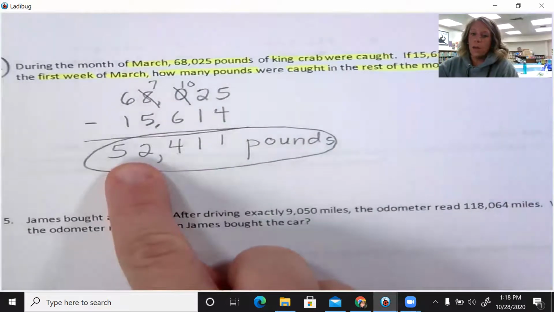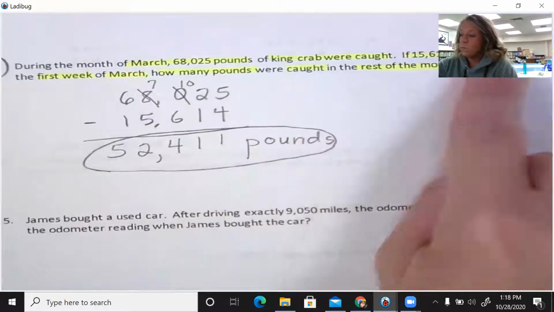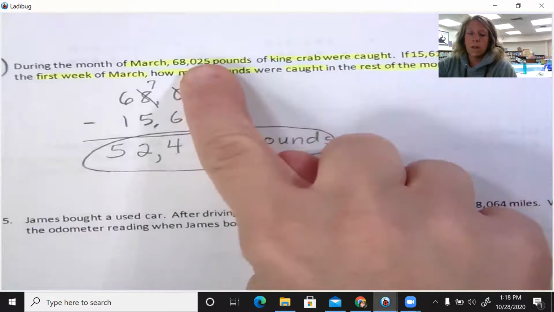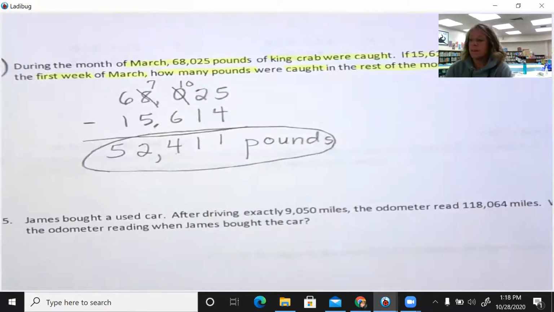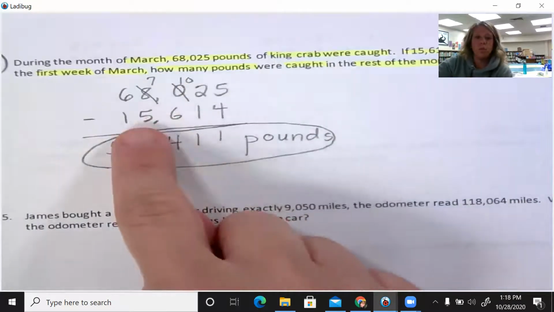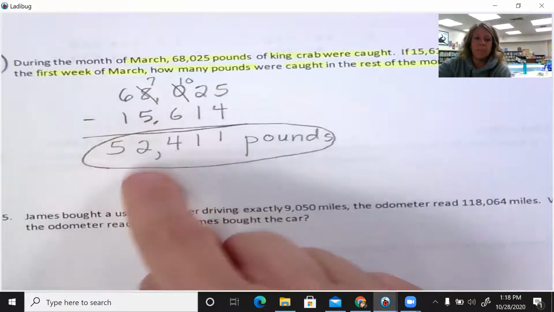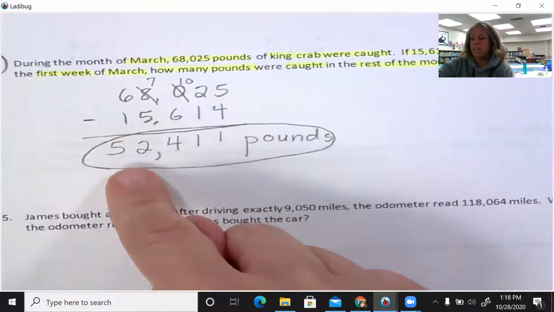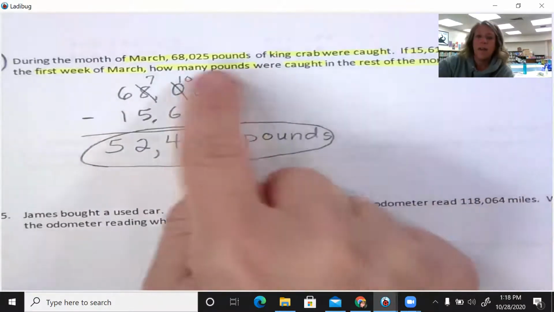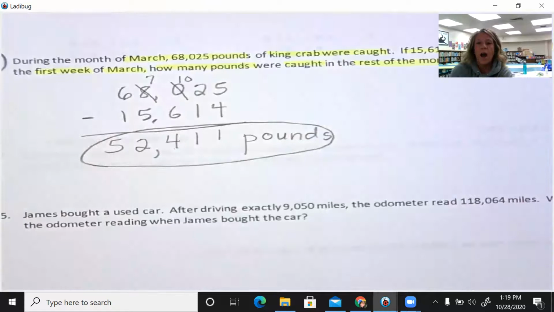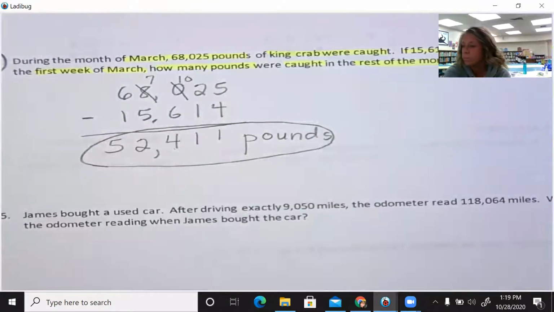So this number is smaller than my total, which makes sense because I know that this much was caught the first week of March. So I know 15 plus about 50, 65, if I'm estimating, and that's close to 68. So I should be confident in this answer.